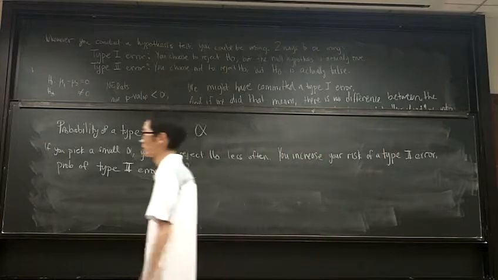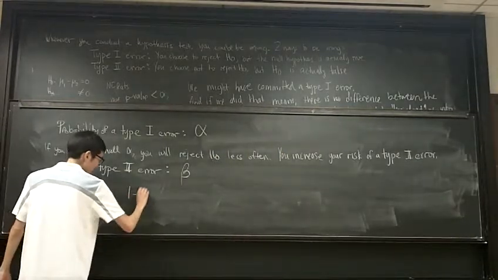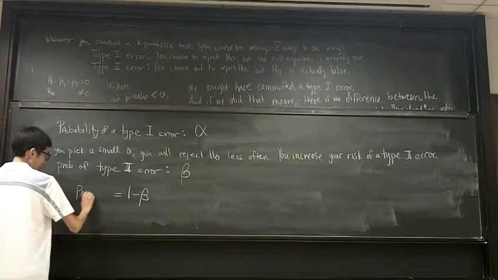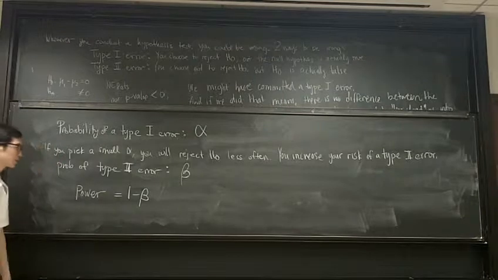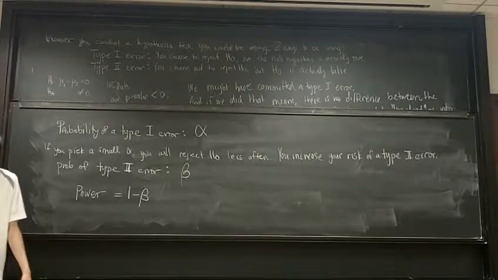Okay. And then we give a special name to something called 1 minus beta. And this thing is called power. What is power? What's 1 minus anything? The complement, right?